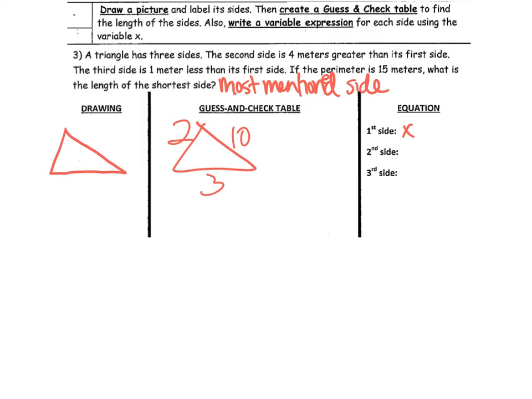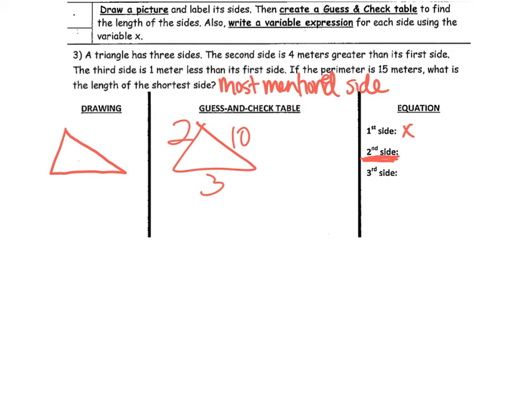But let's practice writing the equation too. We keep talking about the first side. So I made the first side x. So in my equation, I put x for the first side. Now I'm going to read the first sentence. Triangle has 3 sides. I'm going to read the second sentence. The second side is 4 greater than the first. The second side, right here, is 4 meters greater.